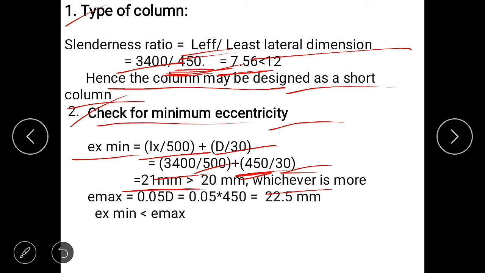So use whichever is more. And second, E maximum is equal to 0.05 d, which is 0.05 into 450, where d is 450. So the answer is 22.5 mm. Ex minimum is smaller than Ex maximum. Here only one dimension is given for x and y, so in the y direction also Ey minimum is 21 and E maximum is 22.5.